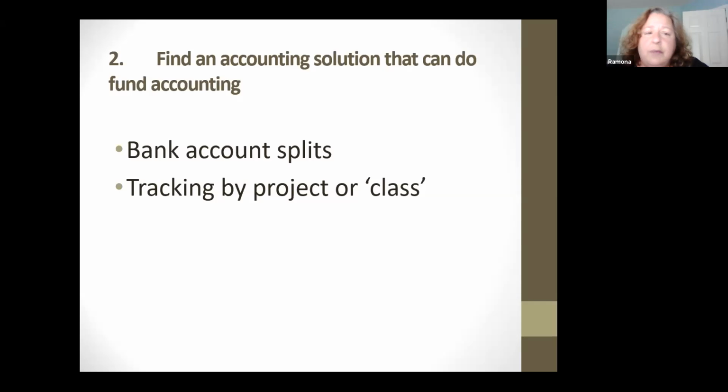X amount of dollars or percentage of that grant is going to go towards the planning aspect. X amount is going to go to the actual construction aspect if it's something that you're constructing. X amount is going to go back to the organization as management, as promotion, as community outreach, whatever it is that is designated in that grant.